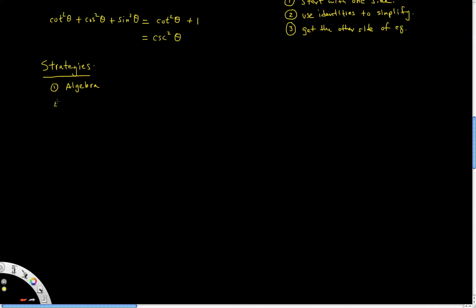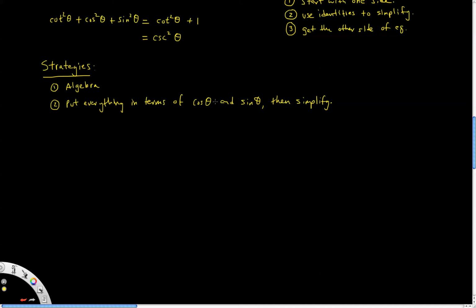And then the second thing, and this is the most important thing, is you can always put everything in terms of cosine theta and sine theta, then simplify. And that should always help you out in getting an expression simplified down to its most basic form. So put everything in terms of cosine and sine, and then simplify it down.